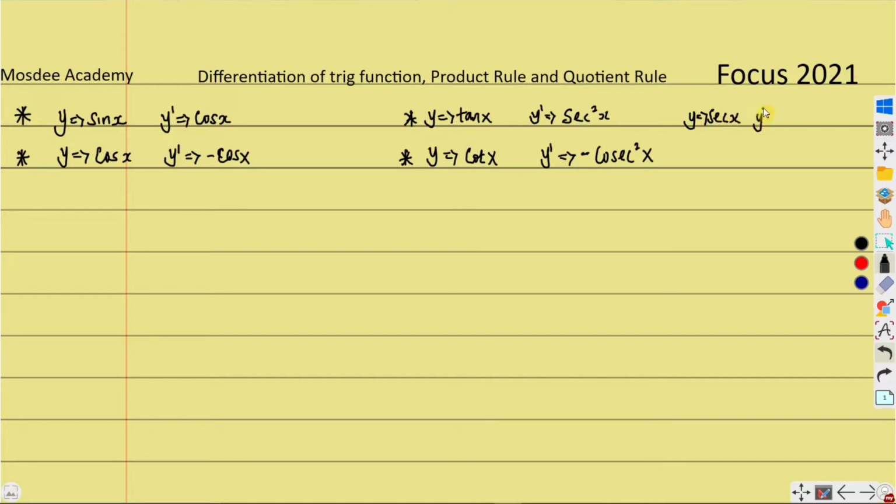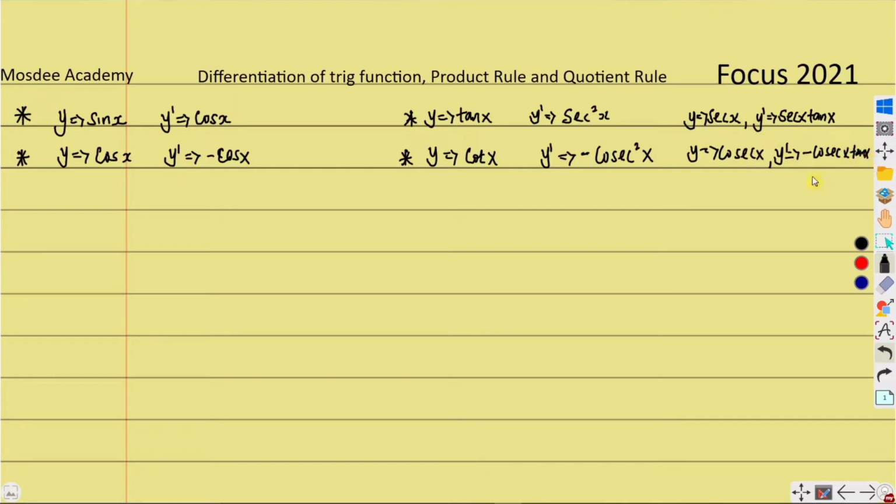Then y prime is equal to, this is very popular, sec x tan x. The last trigonometric value I will write for you is y equals cosec x. When you have that, dy/dx for that will be equal to negative cosec x cot x.